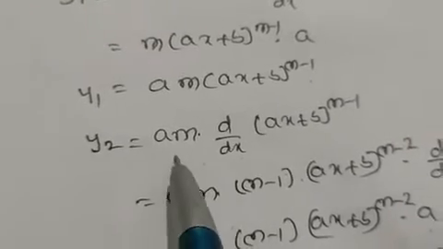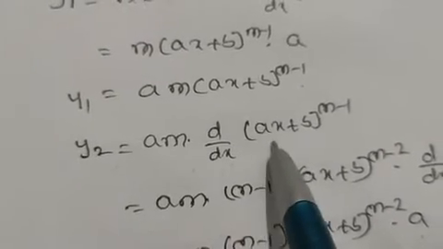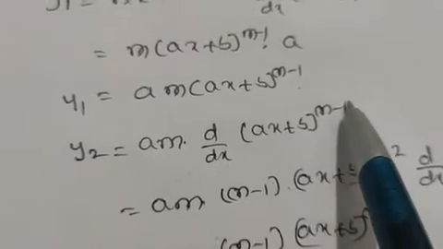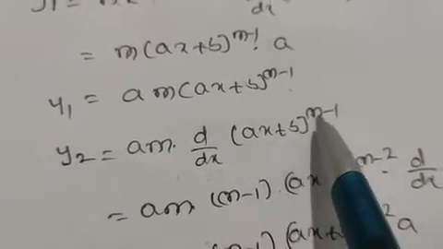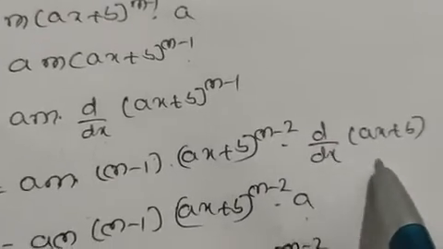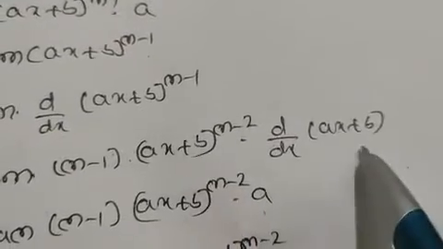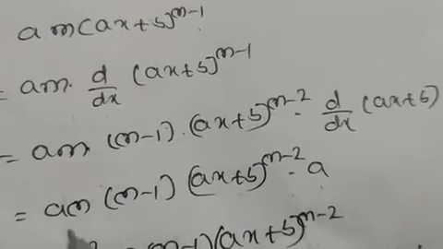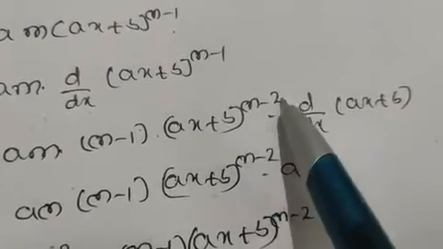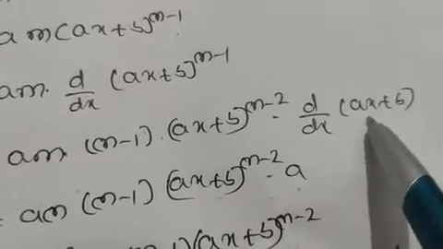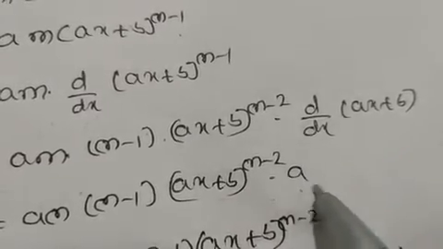It is am as it is, derivative of ax plus b raised to m minus 1 is first with respect to power, that is m minus 1 into ax plus b raised to m minus 2 into derivative of ax plus b, this base. It is am into m minus 1 into this ax plus b raised to m minus 2 as it is, derivative of ax plus b with respect to x is again a.